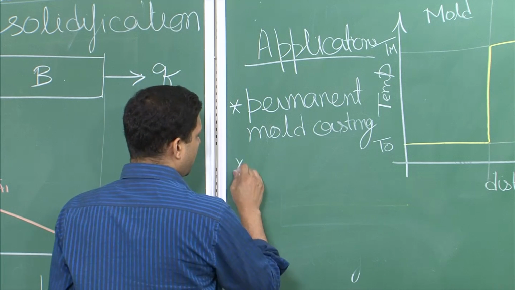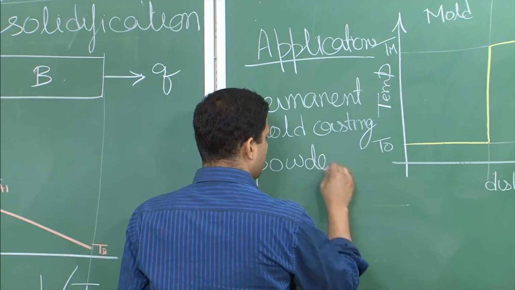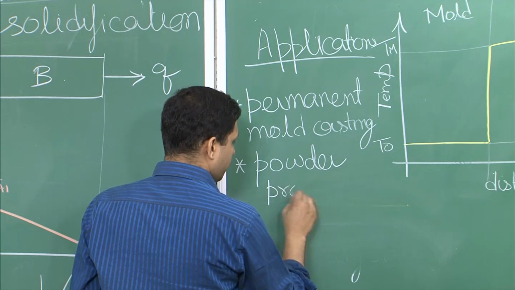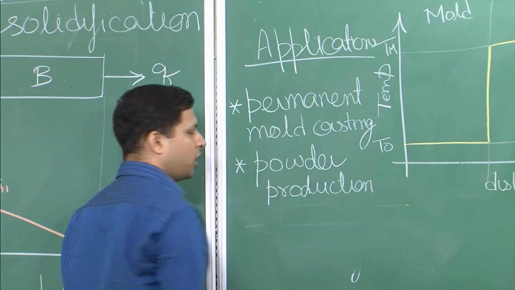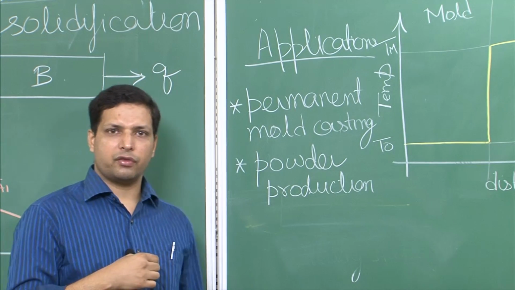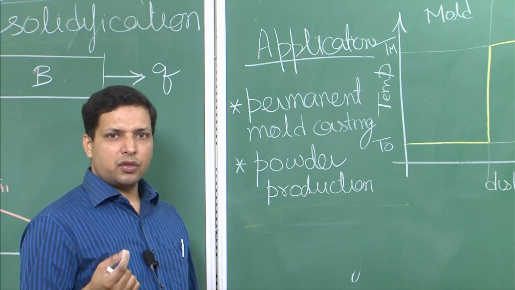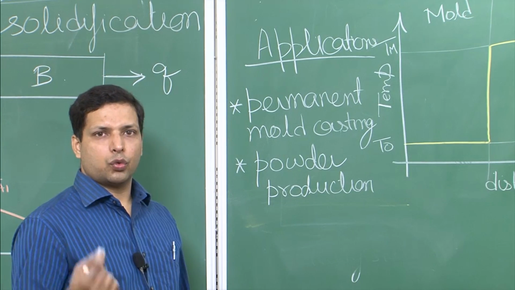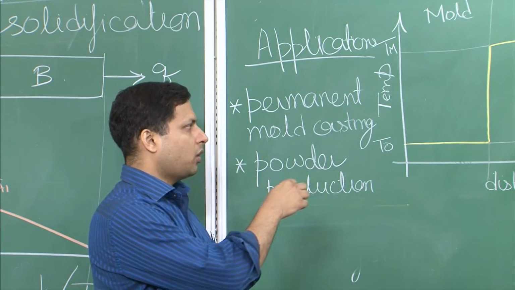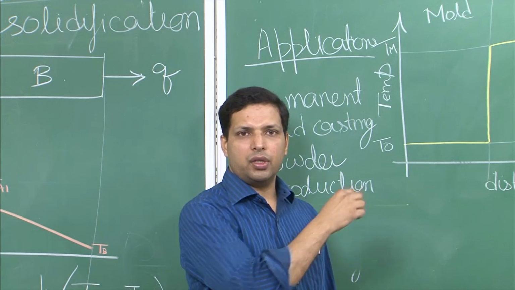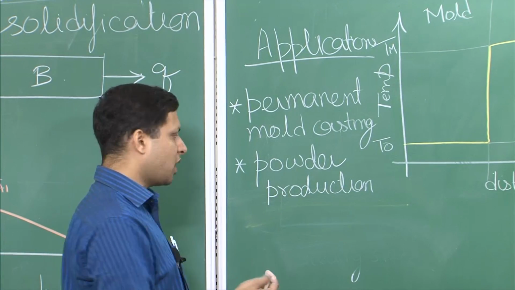Another important case can be for powder production. You remember in the powder production the liquid is broken into small droplets, and then these small droplets fly at very high speed and get in touch with the substrate. Now when they get in touch with the substrate, they will cool very quickly, and since the size is very small, we can assume that the total temperature drop is taking place only at the interface, and only after solidification the whole solid may start to cool down.